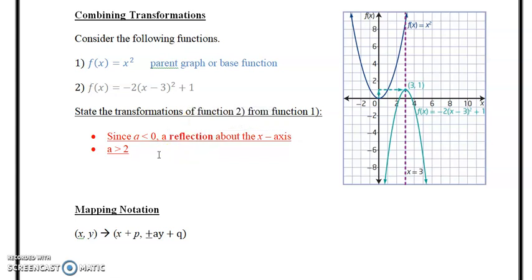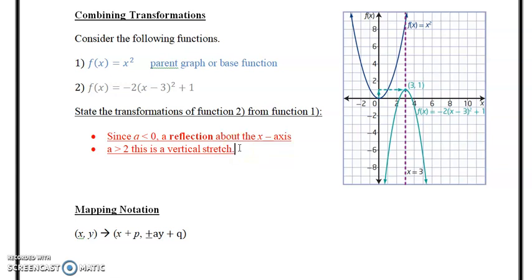Since the A value is greater than 2, this is a vertical stretch. So we've stretched it. You'll notice it becomes more narrow, like we saw in the other example.